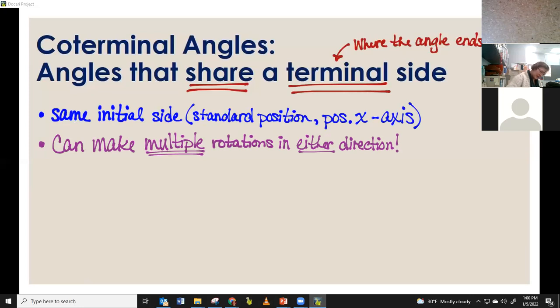One note about that, though: to be coterminal, you have to make a full rotation.